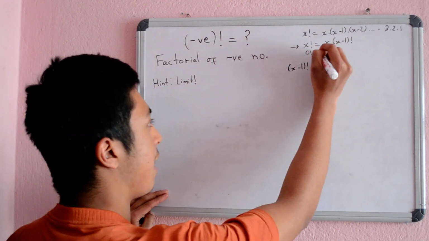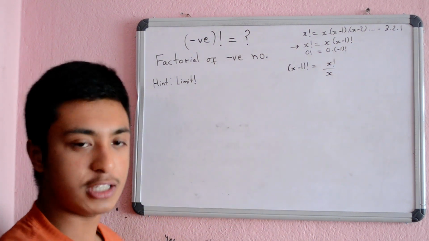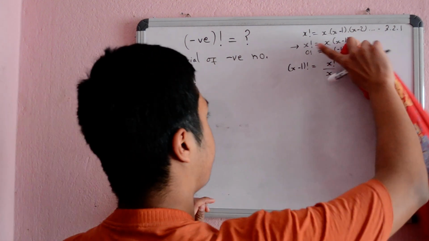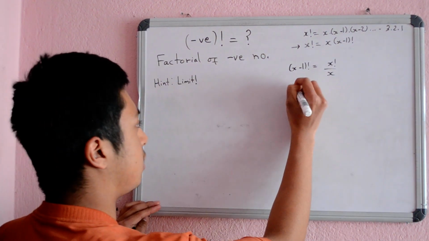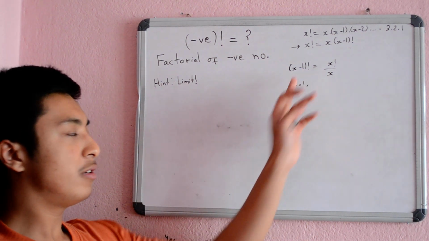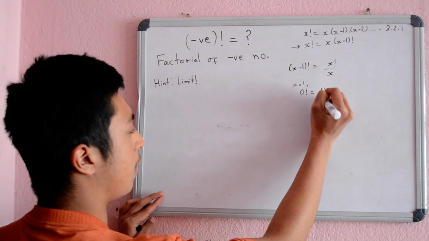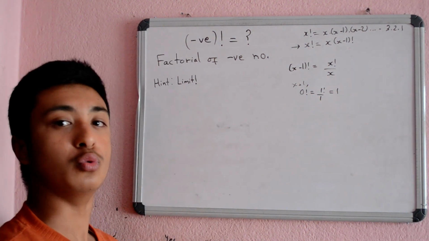Well, what we're going to have is 0 into negative 1 factorial. As we know, that's undefined, so we cannot use that. So what if we let x equal 1? From here you'll get 1 minus 1 factorial, which is 0 factorial, equal to 1 factorial by 1, which is 1. Hence we get 0 factorial is equal to 1.